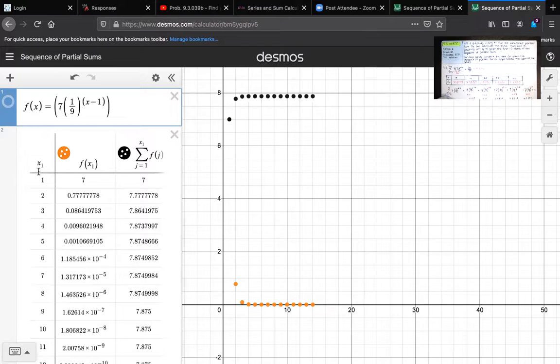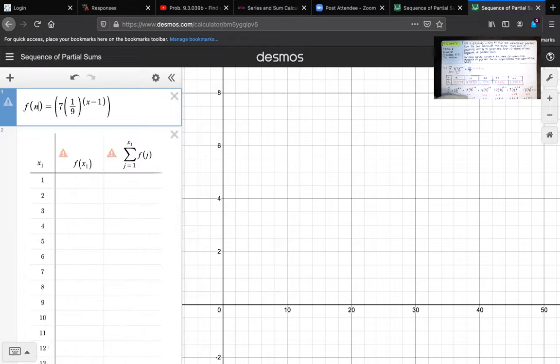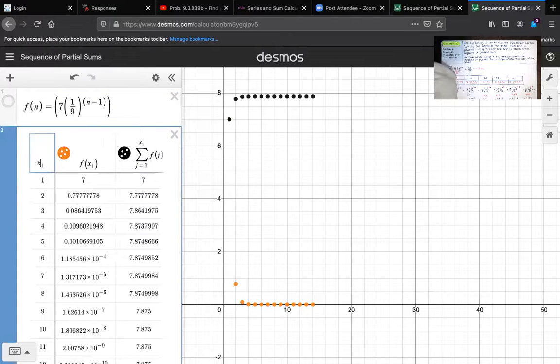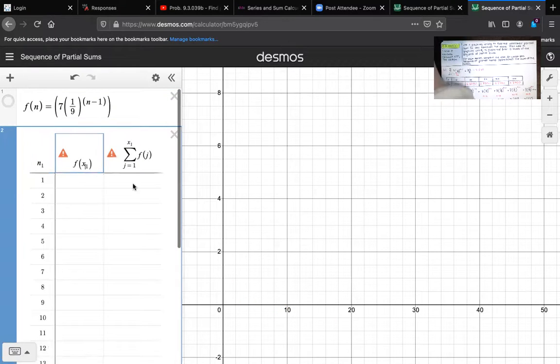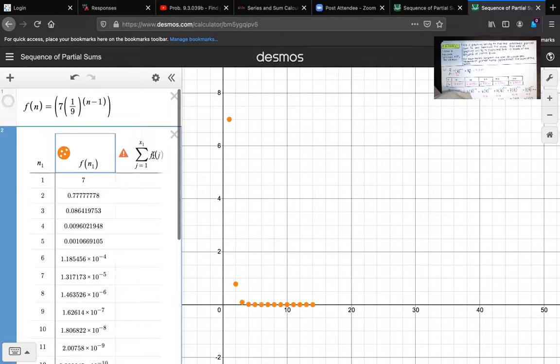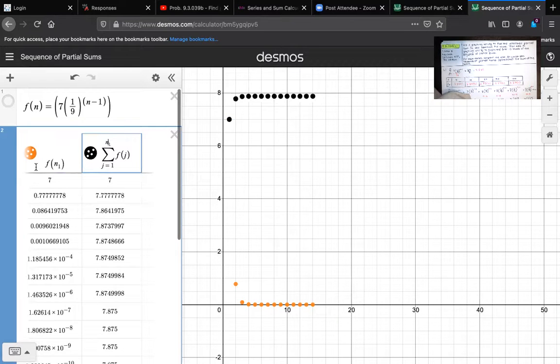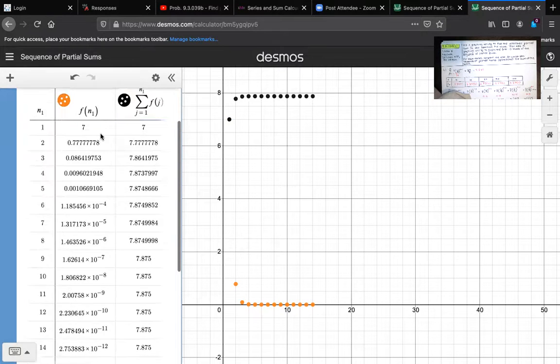But then what they're doing is they're saying, okay, plug in x equals 1, 2, 3, 4, and so on. I like to use the variable n for series. So let's use an n here. And then rather than calling that x sub 1, let's call it n sub 1. And hopefully now you see two things.